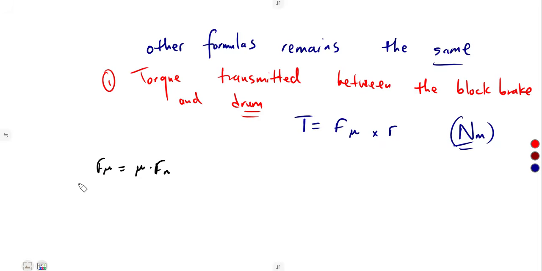So meaning to say, in place of the normal force, if we have got the frictional force and we need the normal force, we can have it. Divide by what?